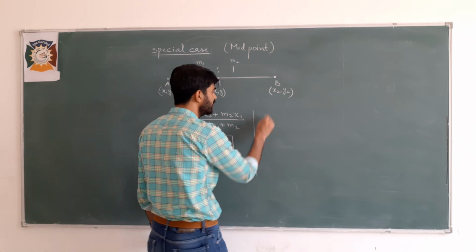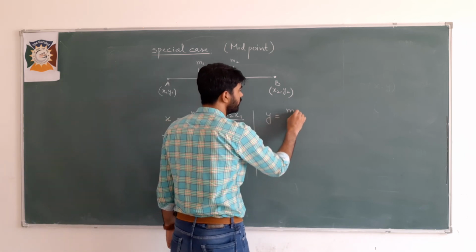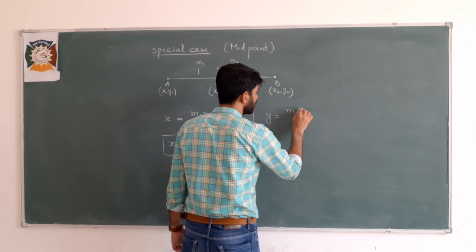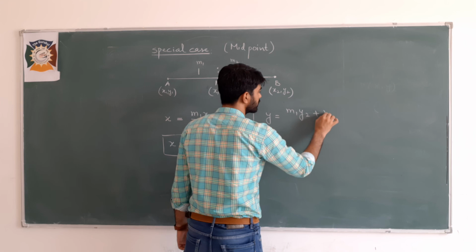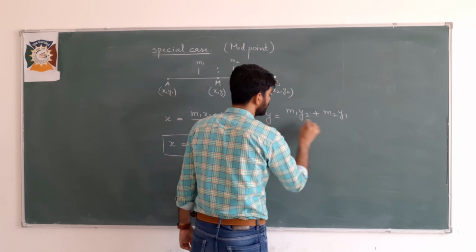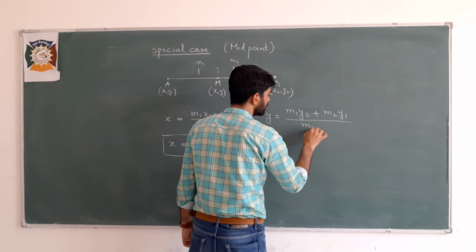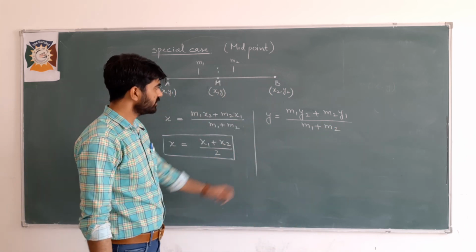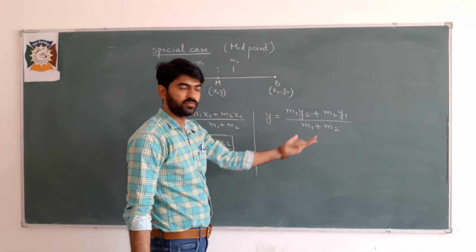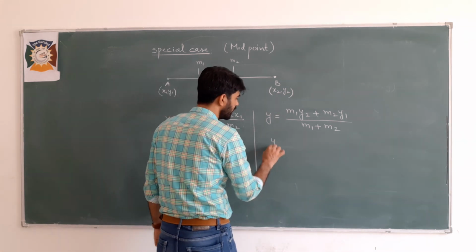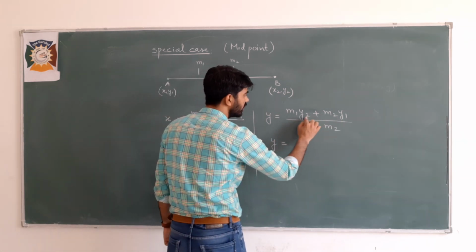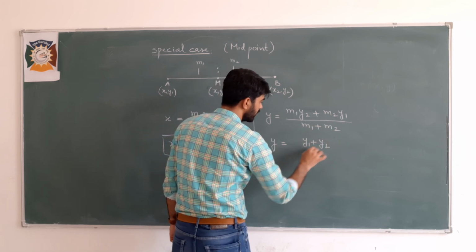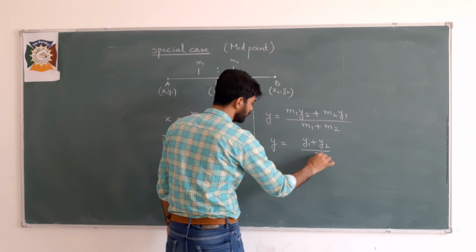Similarly, y is equal to what? m1 y2 plus m2 y1 by m1 plus m2. Now see, m1 and m2 both are 1, 1, so we can write y is equal to y2 plus y1, so I can write it as y1 plus y2 by 1 plus 1, 2.